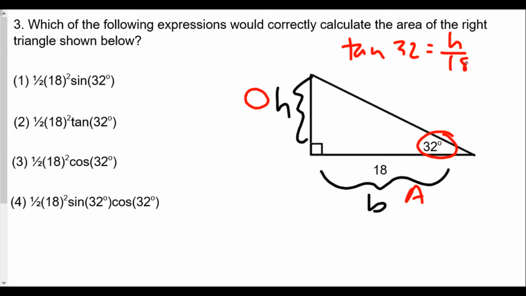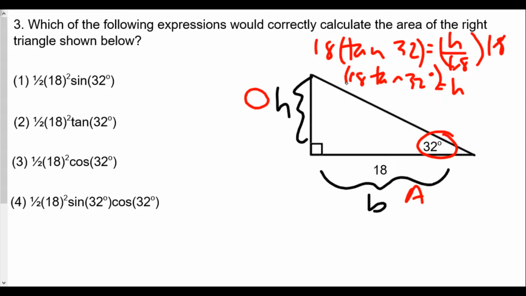Which means if we were to multiply both sides by 18, our height would be equal to 18 tan of 32 degrees.